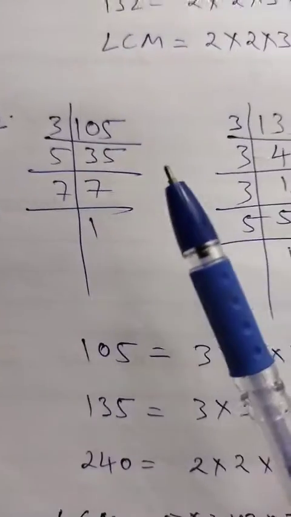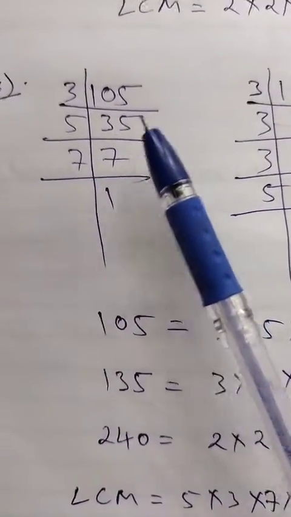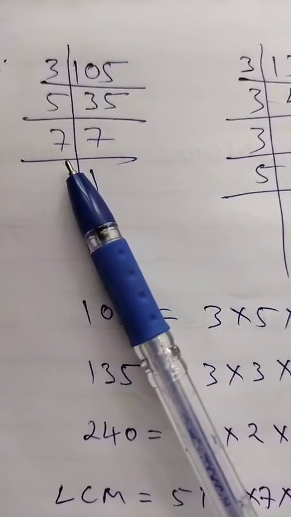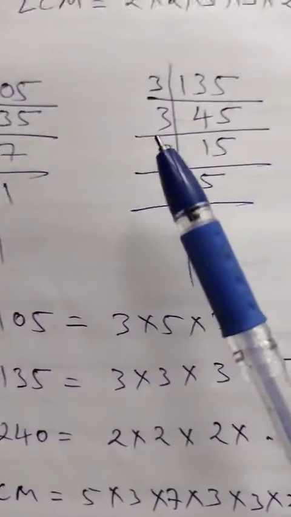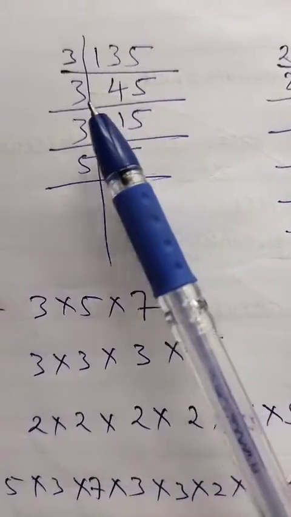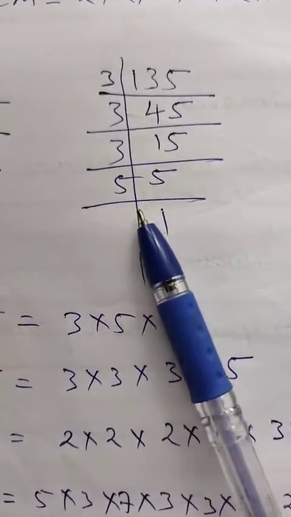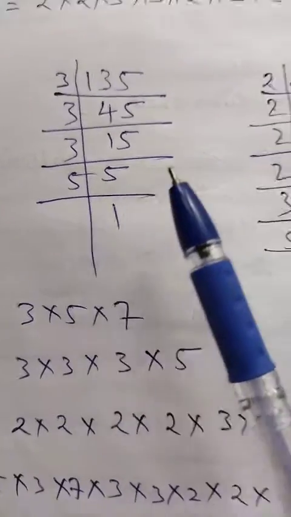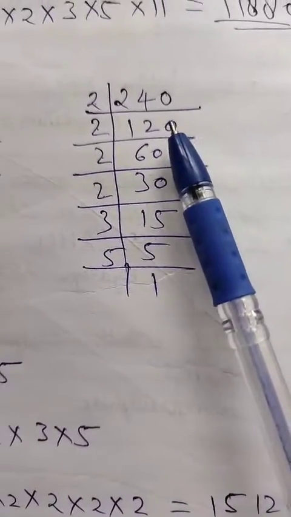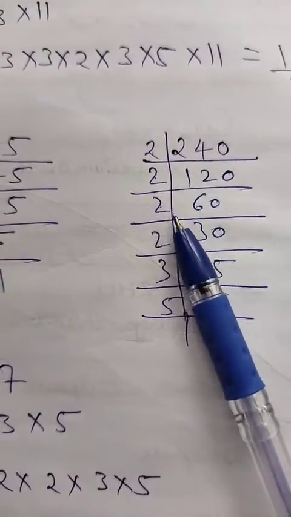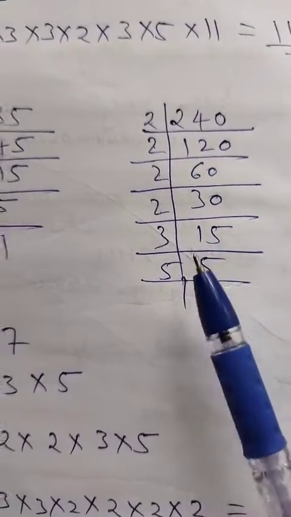See, 105 factors you will do, then you will get 3 into 5 into 7. 135 factors you will do, then you will get 3 into 3 into 3 into 5. Then 240 factors you will do, then you will get 2 into 2 into 2 into 2 into 3 into 5.